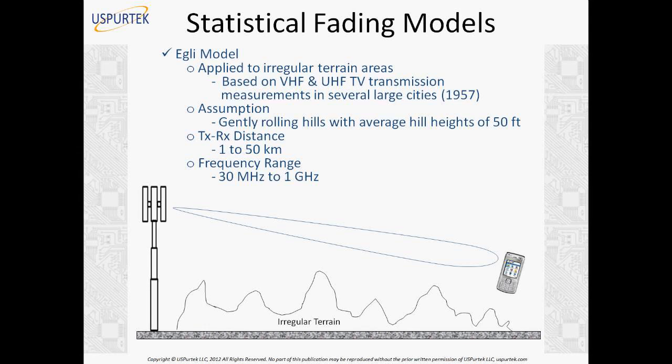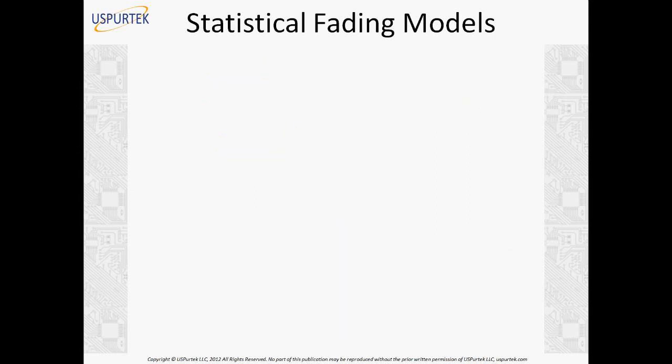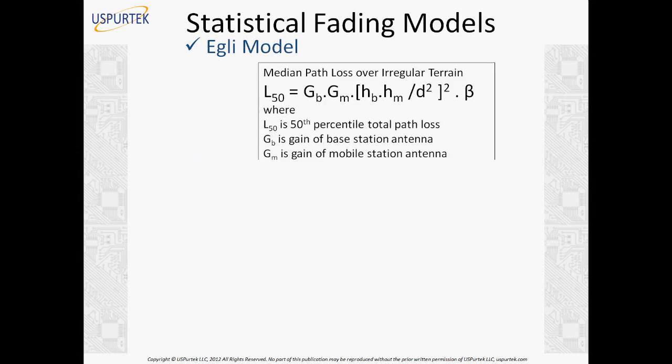The transmit-receive distance is 1 to 50 kilometers, and the frequency range he considered was 30 megahertz to 1 gigahertz. Although this model was derived from TV transmissions, it is also applicable to cellular communications. We can apply it. So this provides us very good guidance on how to develop our models for cellular communications. Now let's look at a little more detail.